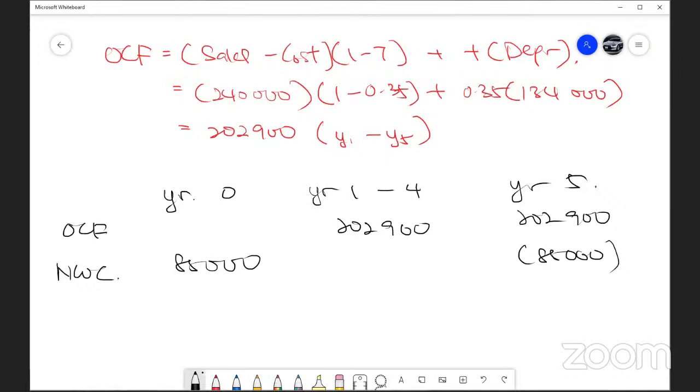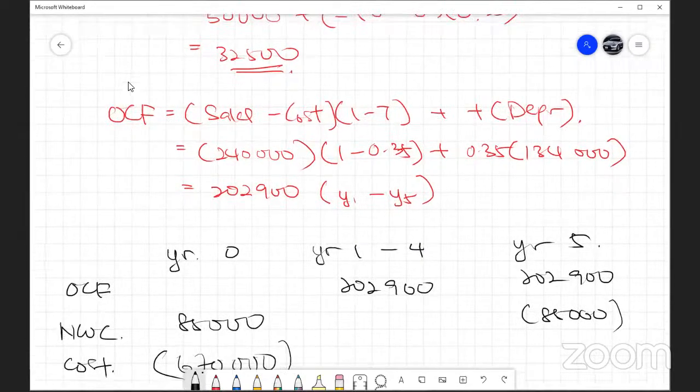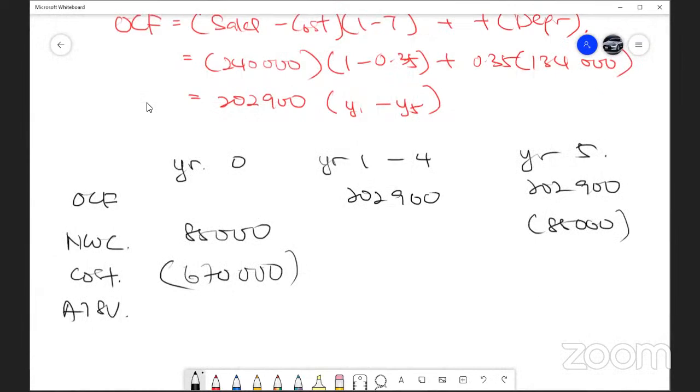So the initial investment, which is the cost here, just now we see the question is $670,000. This one is negative. And lastly, your after-tax salvage value that we calculated just now, 32,500, coming in the final year.